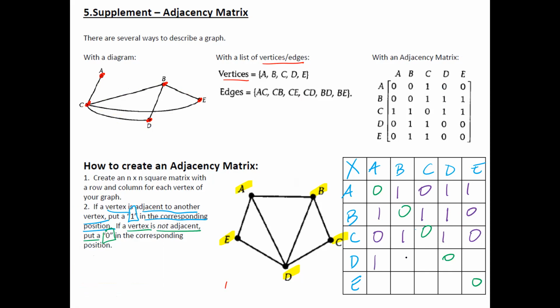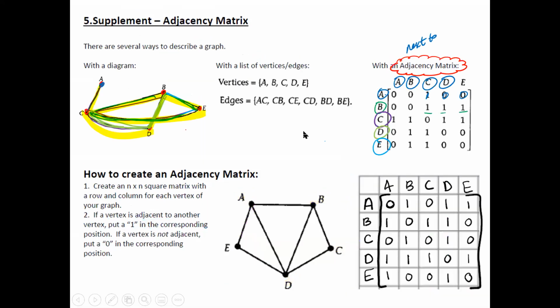DA is 1, DB is 1, DC is 1, DE is 1. Then EA is 1, EB is 0, EC is 0, ED is 1, because there's a connection. So that is your adjacency matrix.